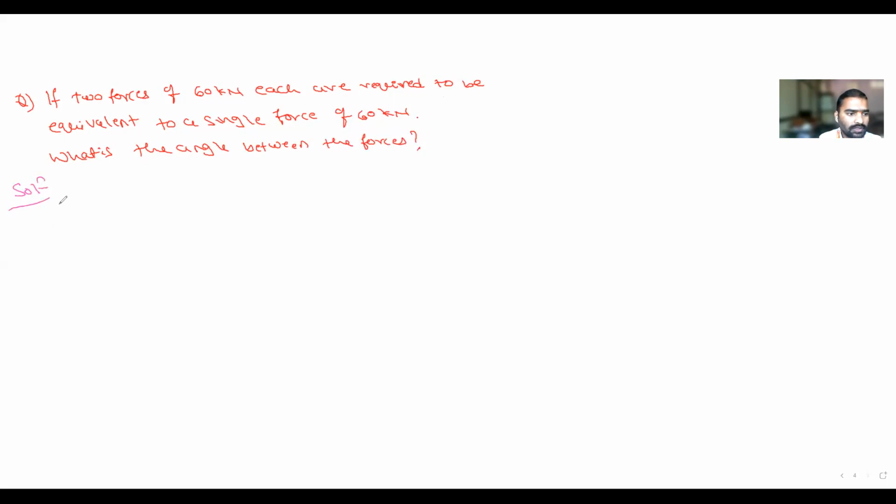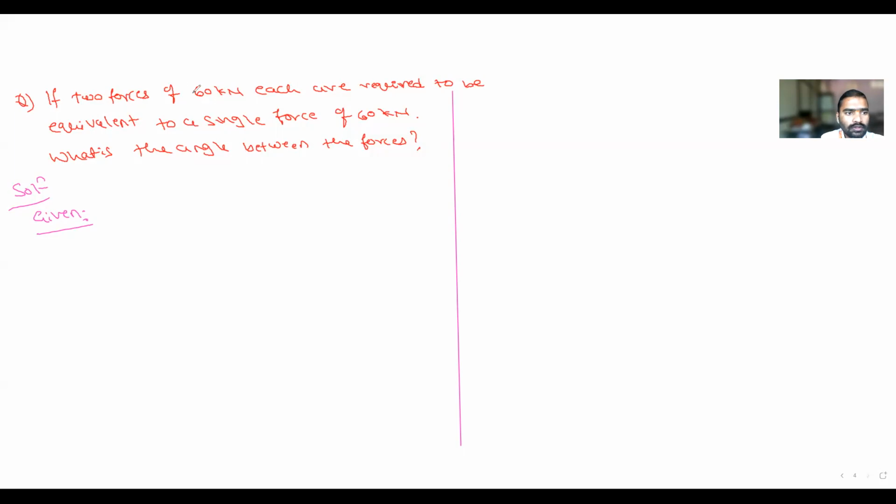So first, what is given? Write down given data.